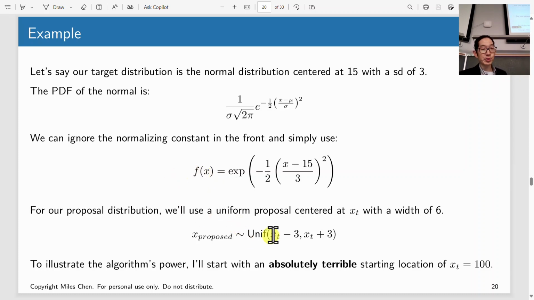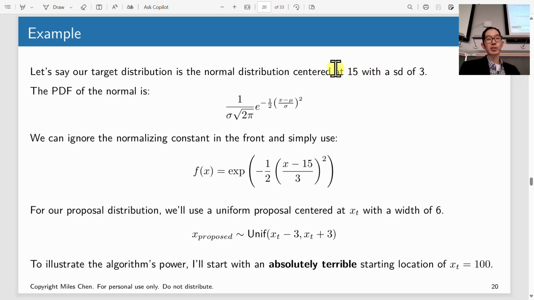And then the proposal distribution, I'm going to use a uniform distribution centered at x at time t, but will generate a value between -3 and +3. Okay, and to illustrate the power of the Metropolis algorithm, I'm going to intentionally start with a terrible location of 100, okay?